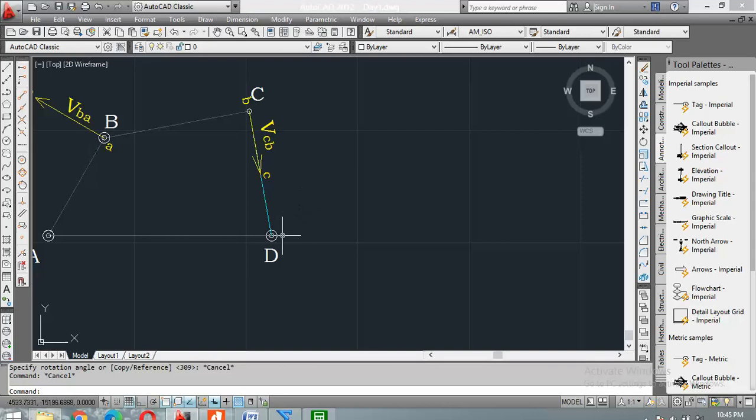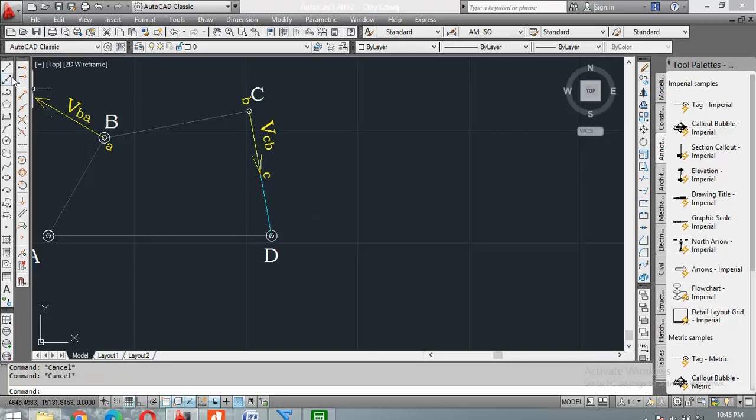So if we consider CD link, and considering D point as a hinge point, then velocity of which point can we calculate? Velocity of C point we can calculate with considering CD link. Okay. So what should be the direction of velocity of C if we consider D point as a hinge point? Then velocity of C with reference to D must be perpendicular to CD.